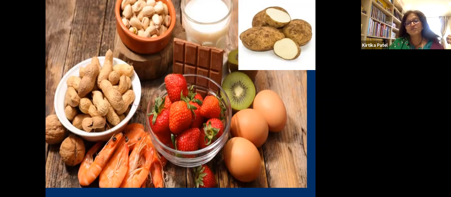And pollen food syndrome is, so in England, a lot of people suffer from hay fever. So in this time, which is between March to July, there is a lot of pollen in the air because it becomes warm. And people inhale that pollen and they get allergic reactions to it. They get hay fever, which is itchy, wheezy.